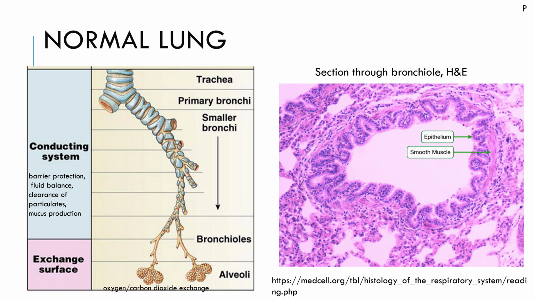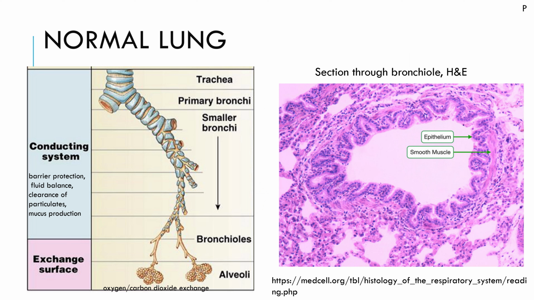I want to start first by giving you an overview of what the normal lung is and what the normal lung does. The normal lung is part of the respiratory system, and its primary function, arguably, is oxygen and carbon dioxide exchange.